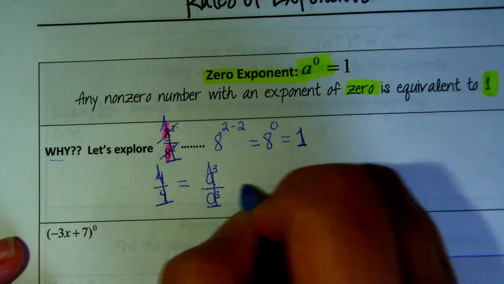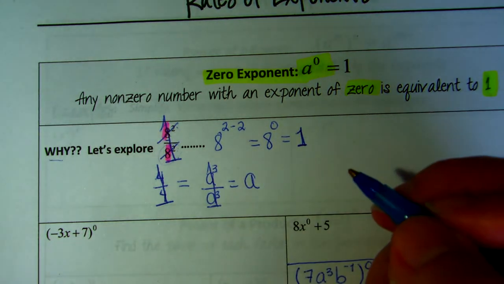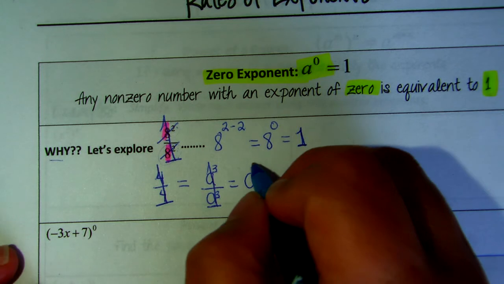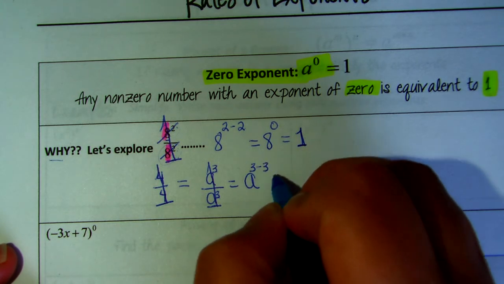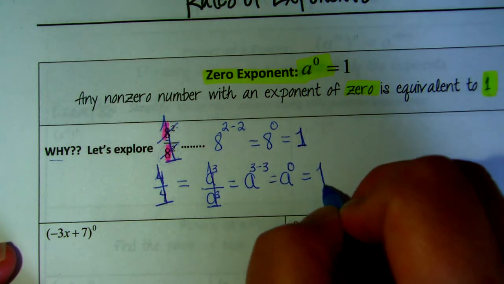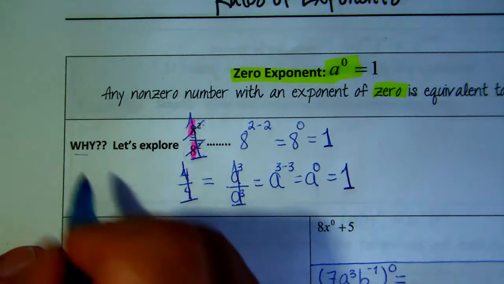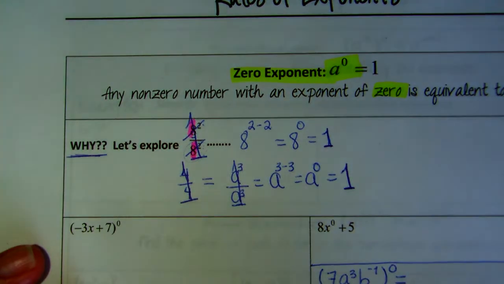It becomes a 1. So again, if we prove it by applying the laws of exponents, when you divide, you subtract the exponents. 3 minus 3, it gives you a to the power of 0. So again, all of this equals 1. So this is the explanation. That's why it says right here, why.